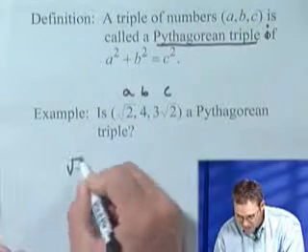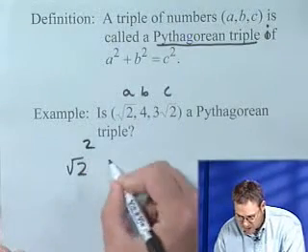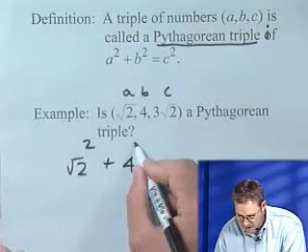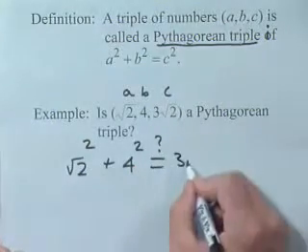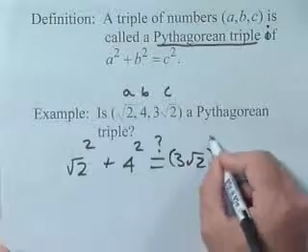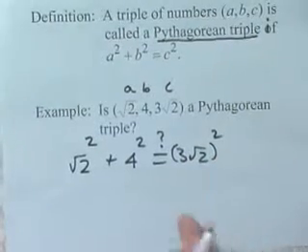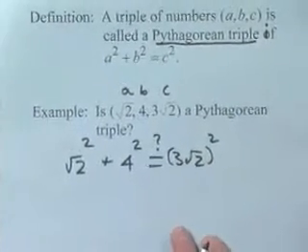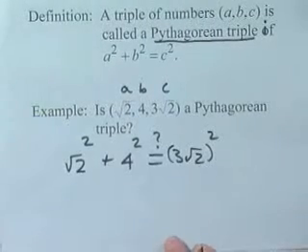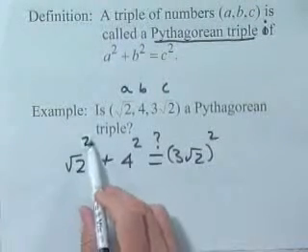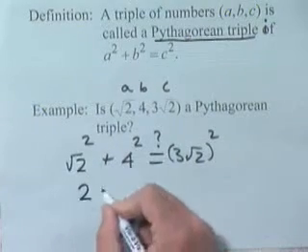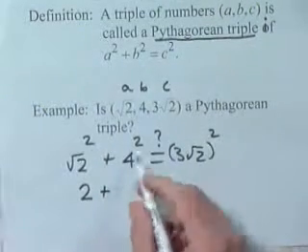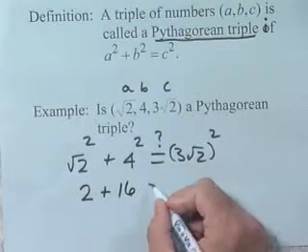So we want to figure out, is A squared plus B squared equal, maybe we'll put a question mark, to C squared. If it's true, then it is a Pythagorean triple. If it's not true, then it's not. Well, the square root of 2 squared, if we square a square root, they just simply cancel and we're left with 2. 4 squared is 16.